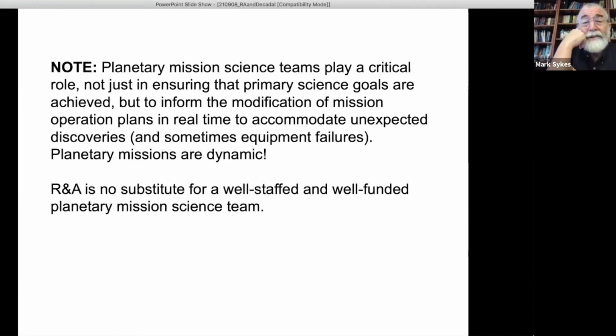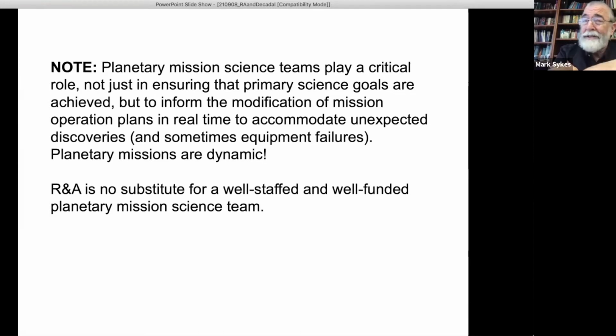Oh, and just as a side note, I want to say that planetary science mission teams play a critical role, not just ensuring that the primary science goals of the missions are achieved, but because we're going places where we're always going to be surprised by what we see and have to deal with the unexpected, we need a science team in place in real time to accommodate the unexpected.